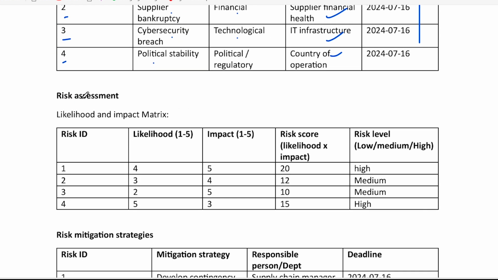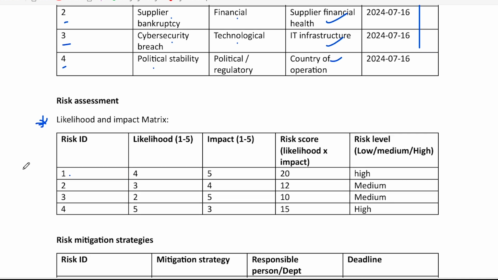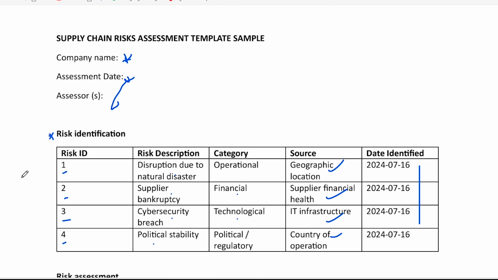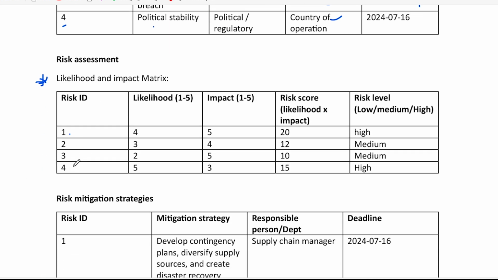Now, identifying them is one thing. Let's talk about their impact and likelihood. So again, risk 1. What was risk 1? That one was natural disaster. So all these IDs. Likelihood 4. Remember, we are scoring it on a 1 to 5 scale, where 1 is less likely and 5 is very likely. The impact is 5, which means a risk score of 20.